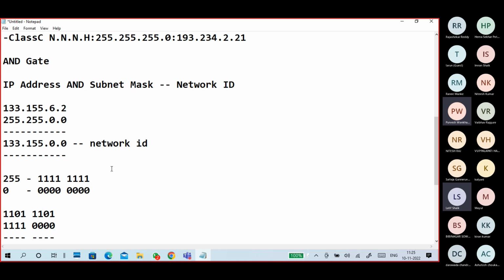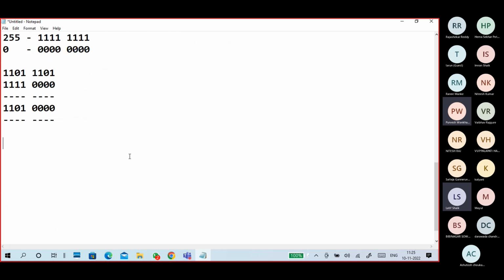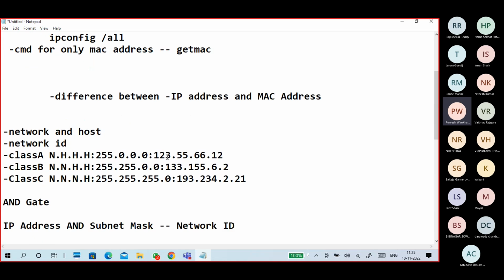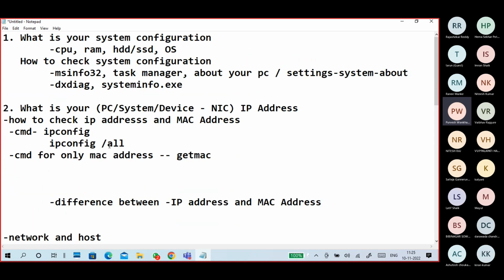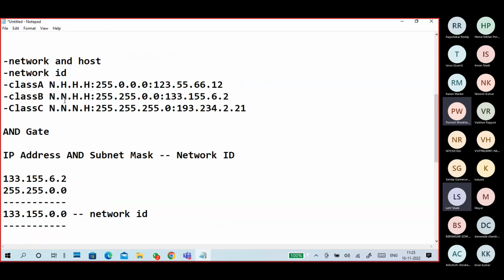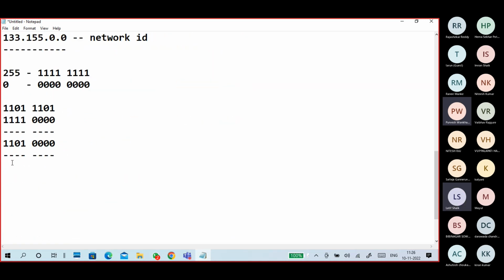If two or more devices have the same network ID, they will communicate with each other. Okay, one point is finished. Let's understand what is the use of subnet mask.